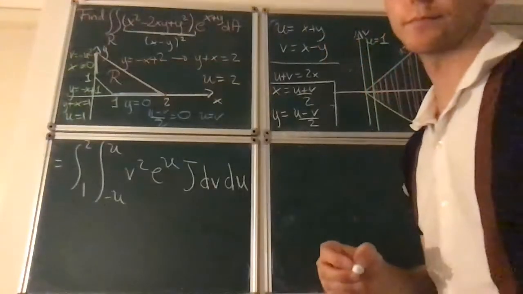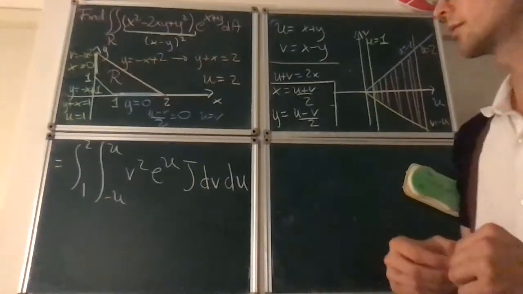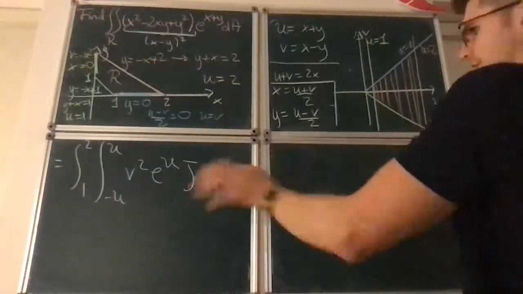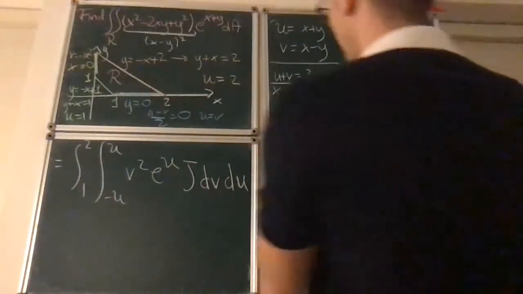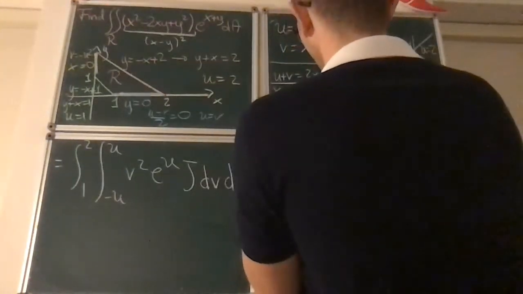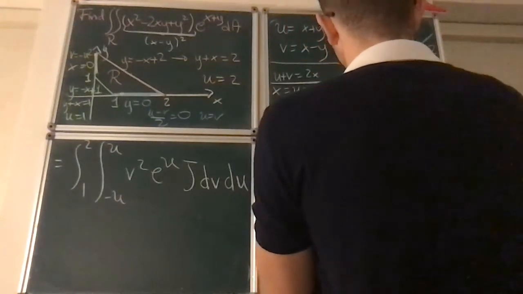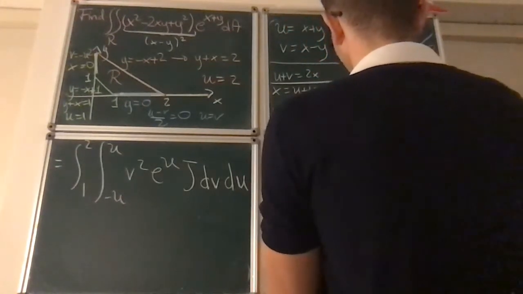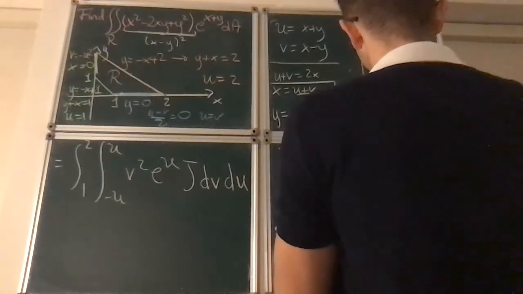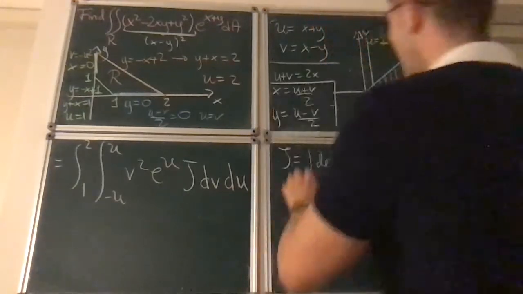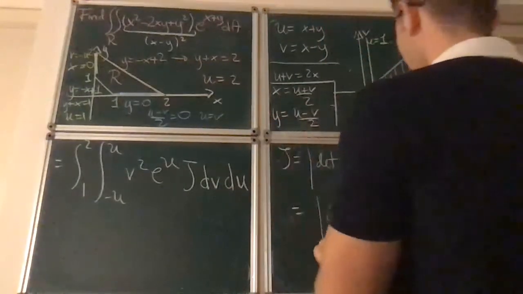Okay? But now for the Jacobian, what was the Jacobian? I think I'll do it here so that it doesn't interfere with the rest of the calculation. Remember, the Jacobian is the absolute value of the determinant of the partial derivatives x_u, y_u, x_v, y_v. In this case, it's a fairly simple matrix. Partial of x with respect to u is 1/2.